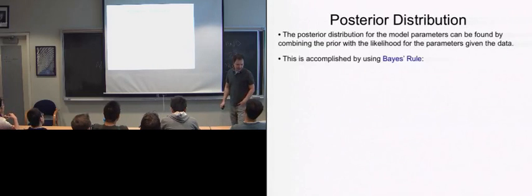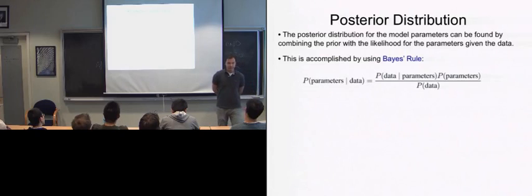So let's look at the posterior distribution. The idea behind Bayesian inference, computing the posterior distribution, is that you get it by combining the likelihood of the parameters with the prior. So there are two things: the likelihood of the data given the model parameters, and the prior of the parameters, and you combine the two using Bayes rule.